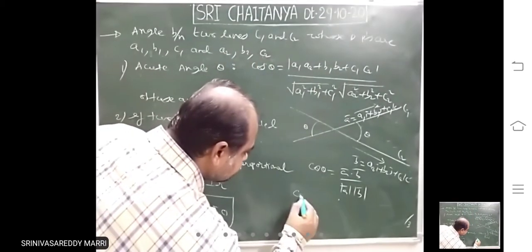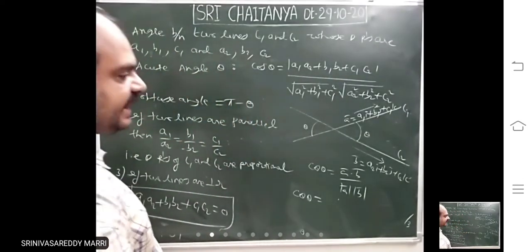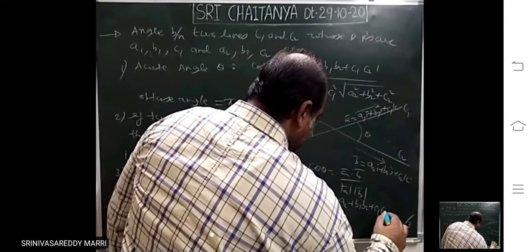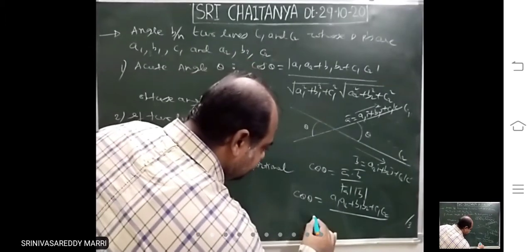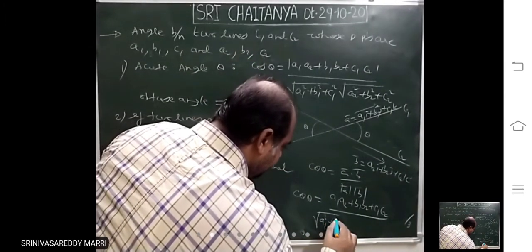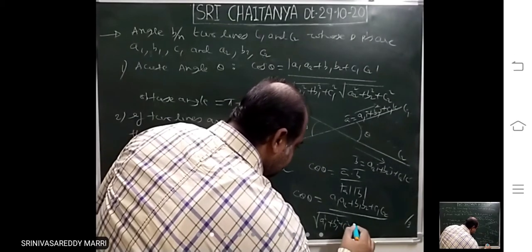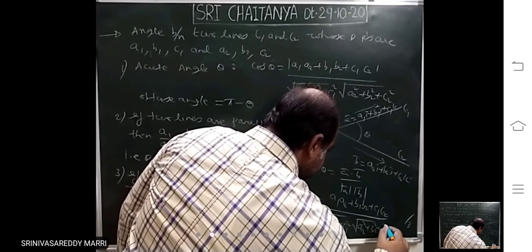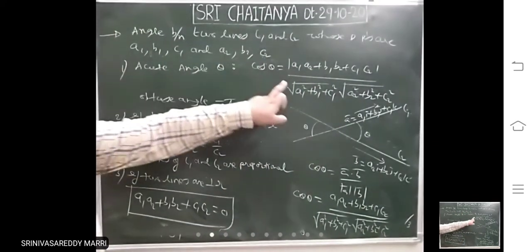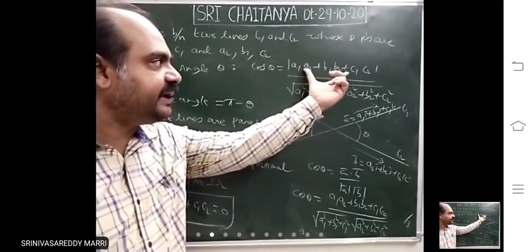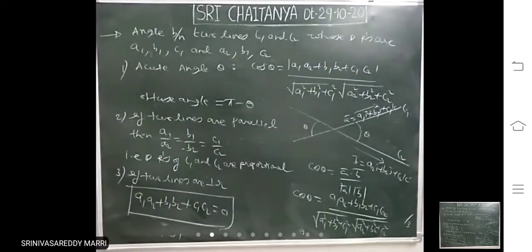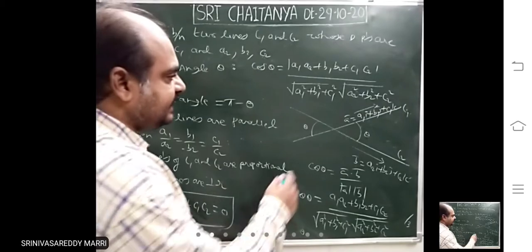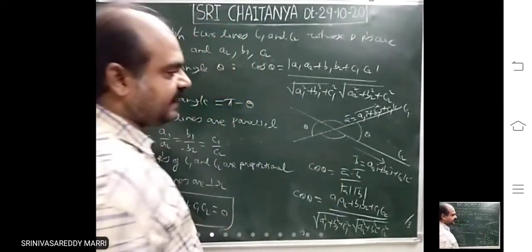That means cos theta is A1 A2 plus B1 B2 plus C1 C2 divided by root of A1 square plus B1 square plus C1 square, into root of A2 square plus B2 square plus C2 square. You take the modulus so that cos theta becomes positive, so this is the acute angle. If the acute angle is calculated, the other angle is pi minus theta.